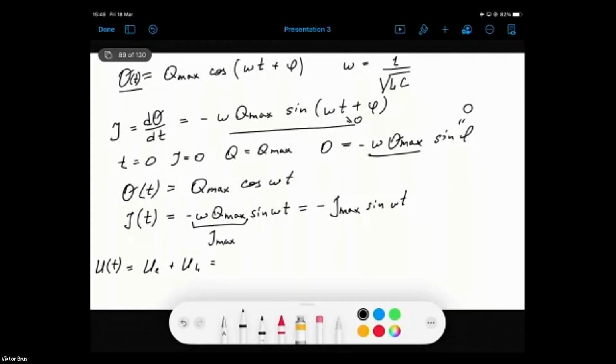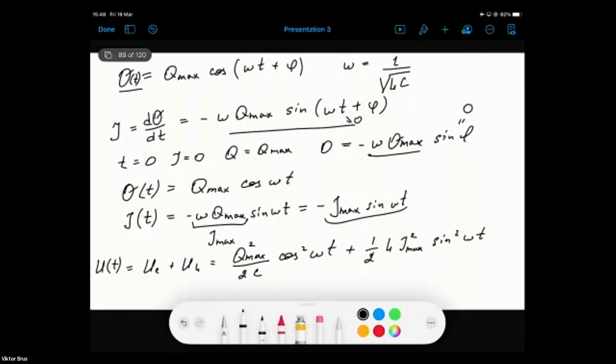So we can write for electric field energy Q maximum square divided by 2 times C cosinus square omega t, plus energy accumulated in inductor will be 1/2 times L times I square, and we substitute instead of I this time dependence of electric current: I maximum square times sinus square omega t.